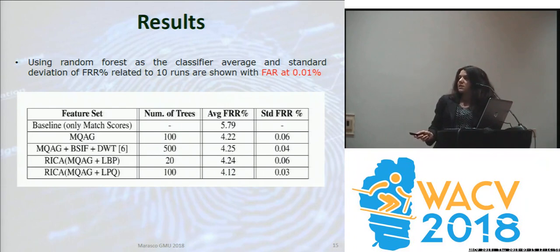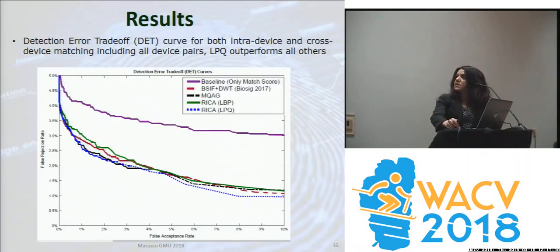With this approach we obtain a slight improvement, but the main thing is the simplification of the method, with RICA applied to LBP and LPQ separately. If we fuse both, we don't improve. Mainly LPQ was the best descriptor in this case. We can also see that the standard deviation is not as high as in past evaluations.